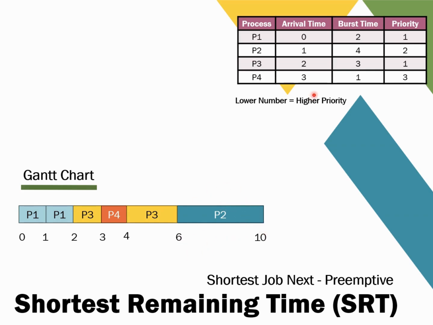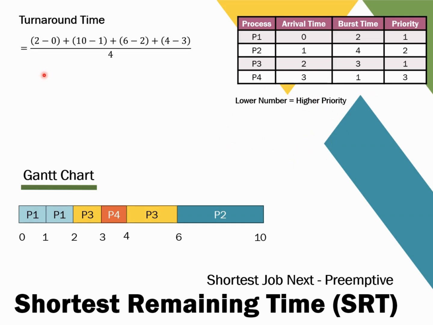So this is the Gantt chart for the SRT algorithm for these processes. Let's start calculating the turnaround time and waiting time, the two most important criteria in CPU scheduling. First, turnaround time means the duration between the arrival time and the completion of the process.